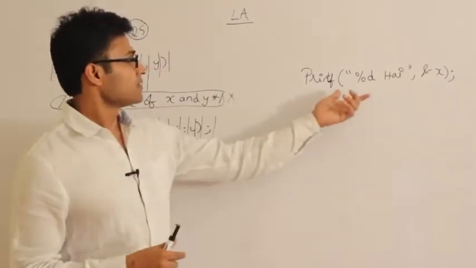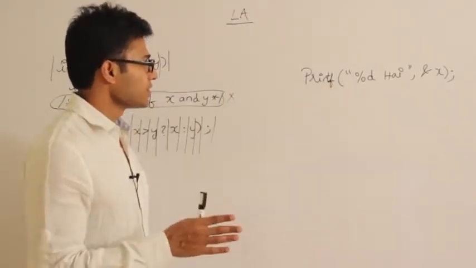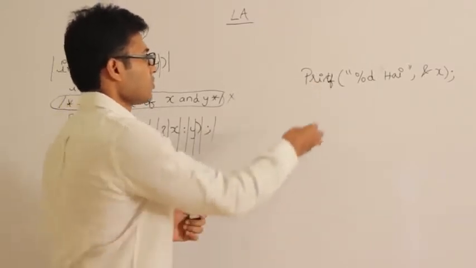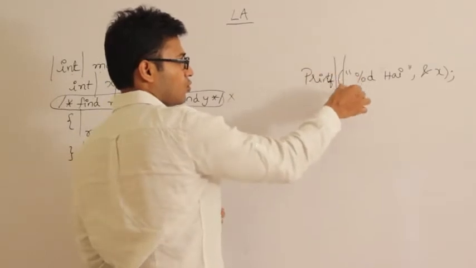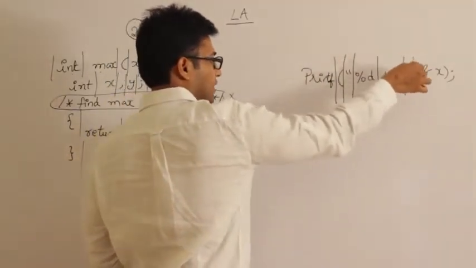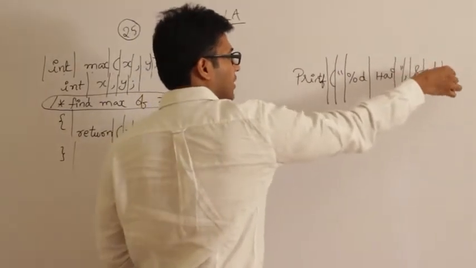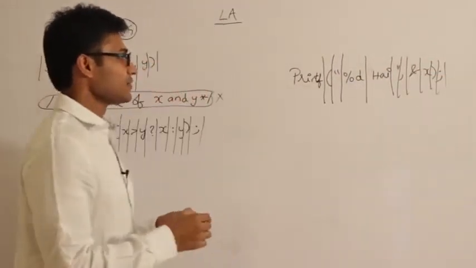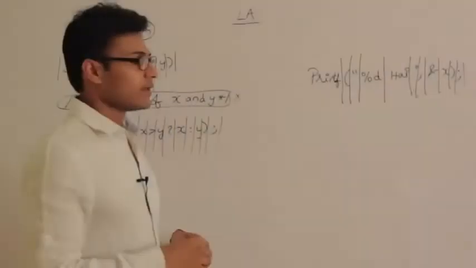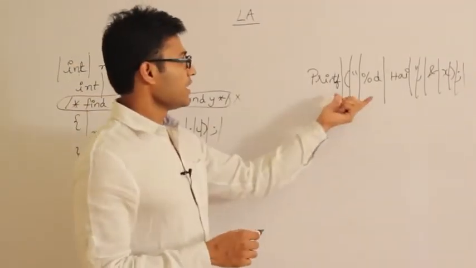And next, let us say there is a line like this. How many tokens are there in this particular line? Printf is a token, 1, 2, 3, 4, 5, 6, 7, 8, 9, 10, 11. You are supposed to get 11 tokens, right? But this is wrong. The reason is there are only 8 tokens in this.